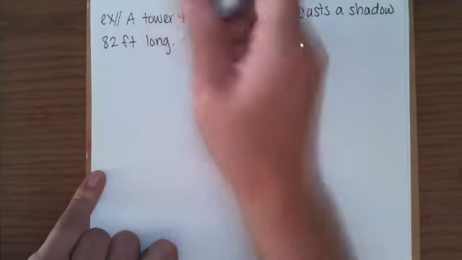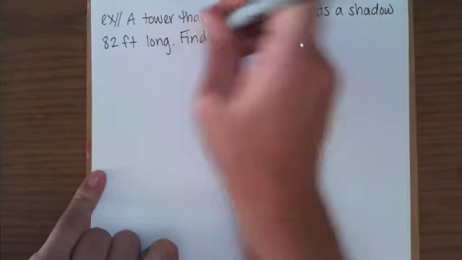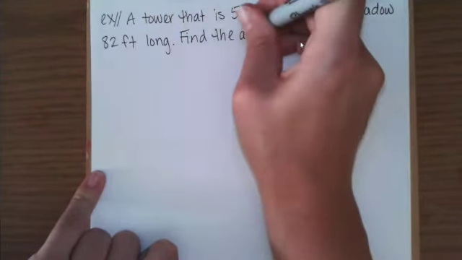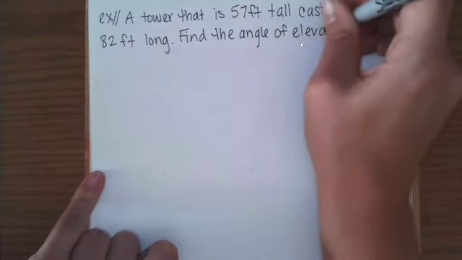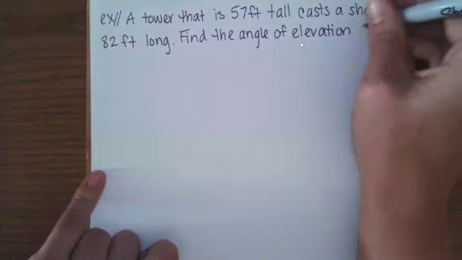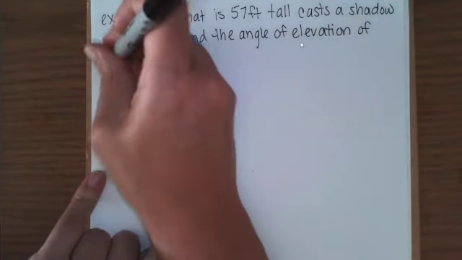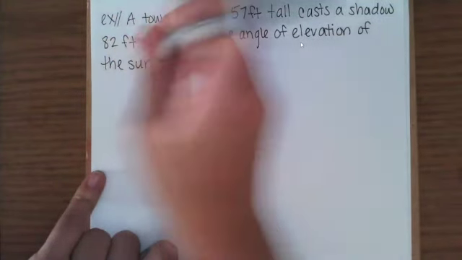We're asked to find the angle of elevation of the sun to the nearest degree.